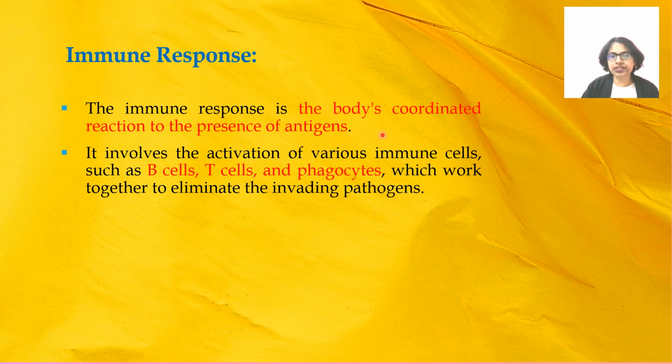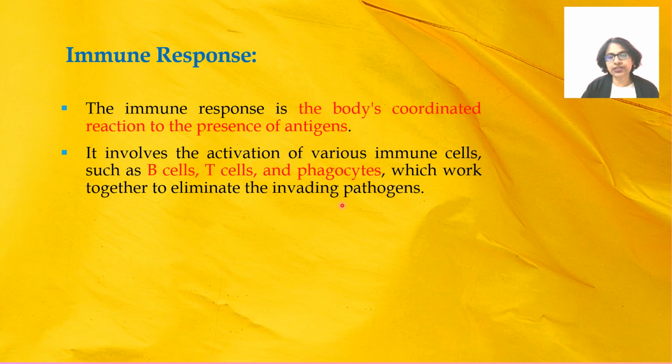Coming to the immune response, the immune response is the body's coordinated reaction to the presence of antigens. Whenever our body is exposed to any antigen, our immune system will be activated. It may show up as swelling, itching, or redness. It involves the activation of various immune cells such as B cells, T cells and phagocytes.